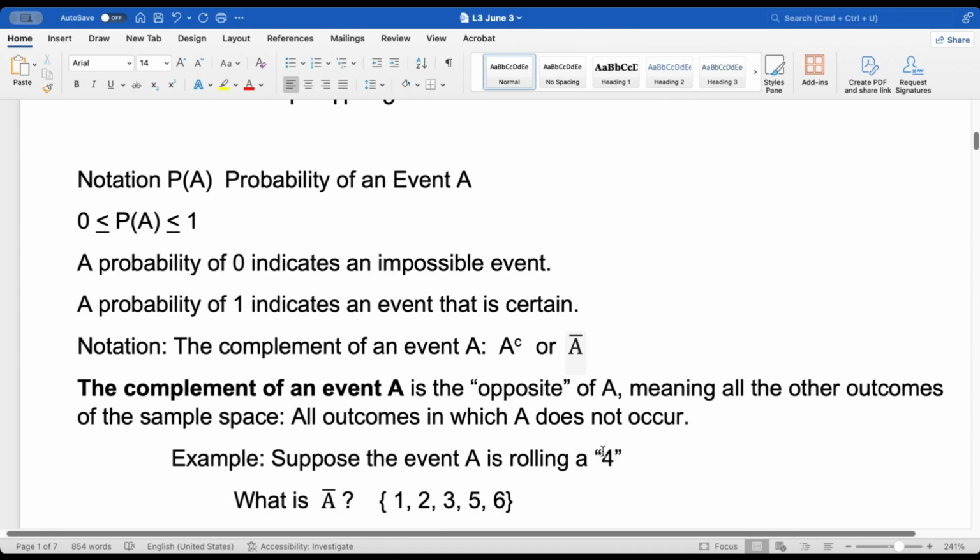So if A is the event rolling a 4 in a single die, the complement would be the remaining 5 possibilities 1, 2, 3, 5, 6.